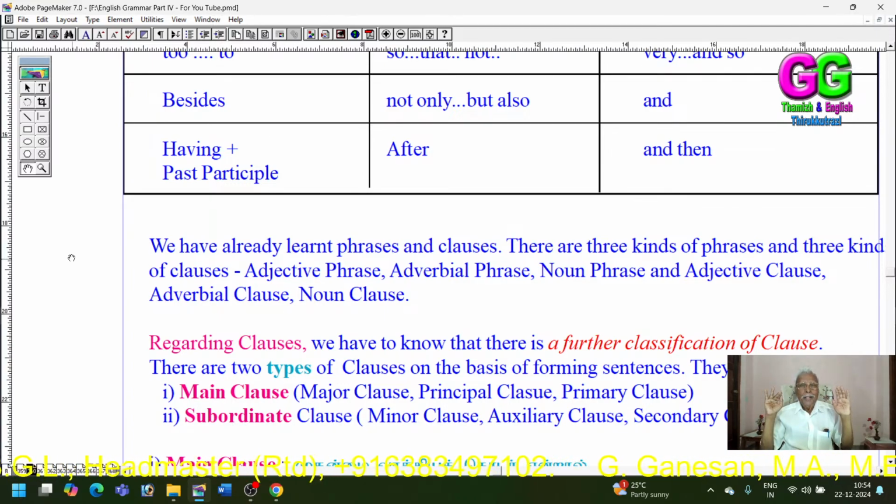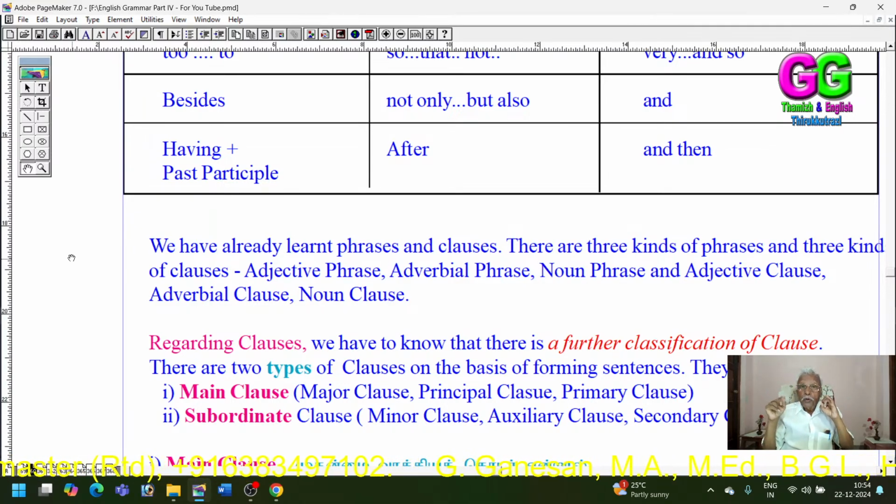Now, my dear children, regarding the formation of phrases and clauses, they have classified them into three kinds. And regarding the formation of sentences, the clause is further classified into two kinds.